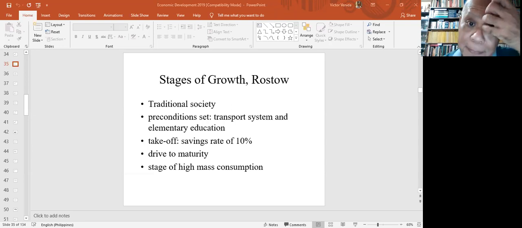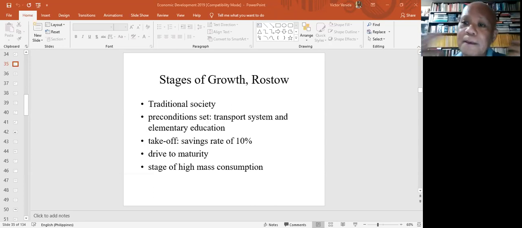The importance of the elementary education system would be that the presence of more and more individuals able to read and write and do basic numerical work, arithmetic, translates to greater productivity.